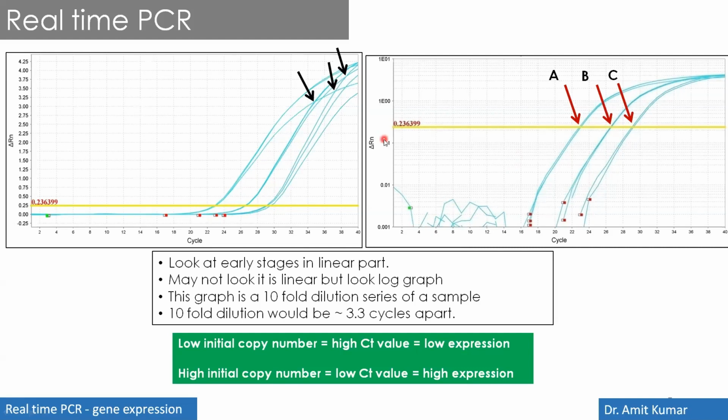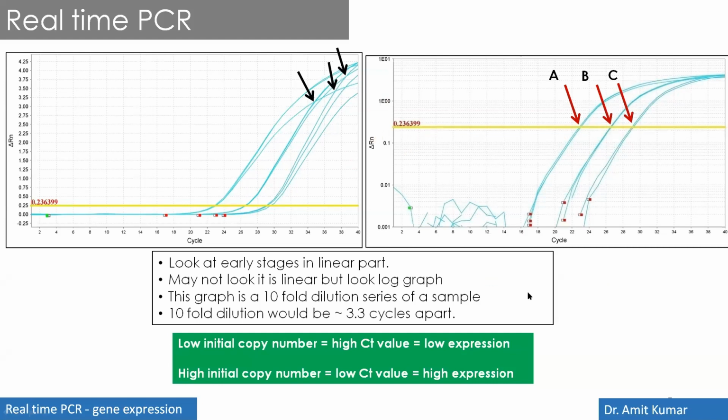The same graph is represented here in the second one in the logarithmic scale. Now you can see in a much better way that you have the amplification curve in a linear graph in this particular image. So that is the importance of having a logarithmic scale on the y-axis, and keeping the threshold line in a linear phase, right?